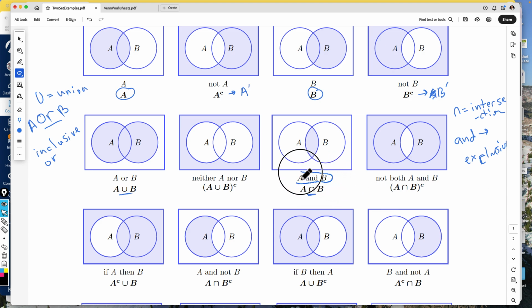A lot of times you say chocolate and vanilla means you can have both, or you could have one or the other. In everyday use, we use and in a more generalized way. But when we use it here, the and is exclusive. It has to be both A and B. It only counts when you get both vanilla and chocolate. So you have to be in both clubs. That's why only this middle section is shaded.